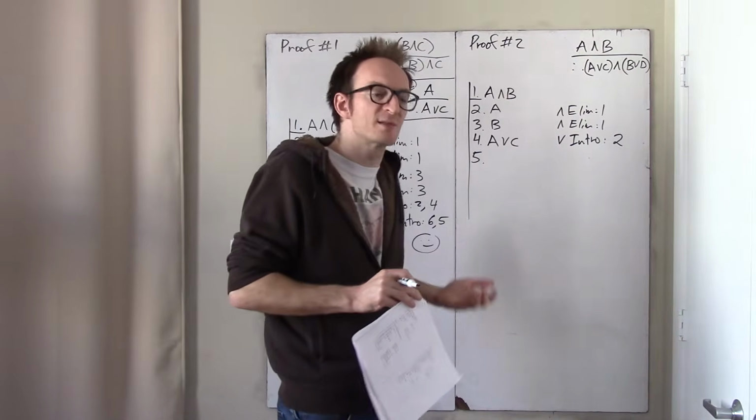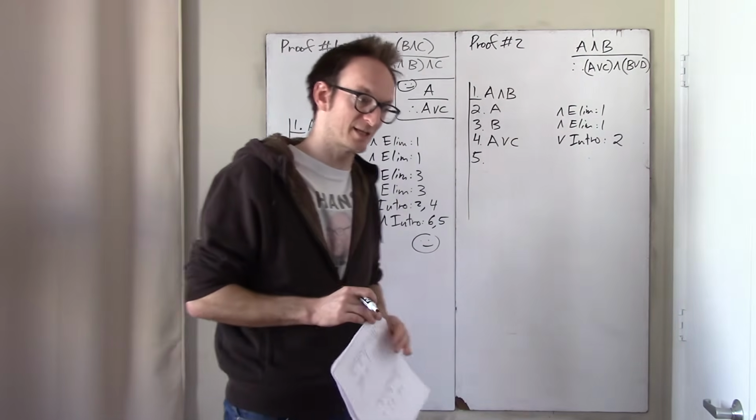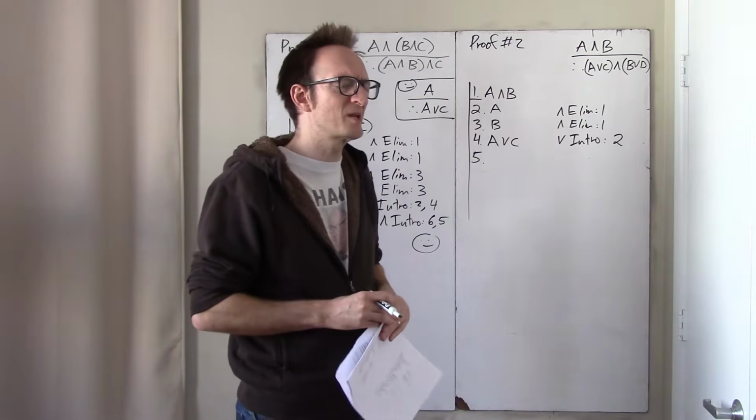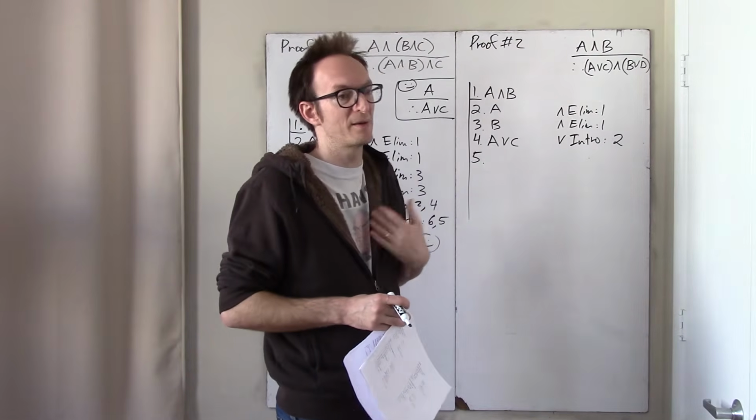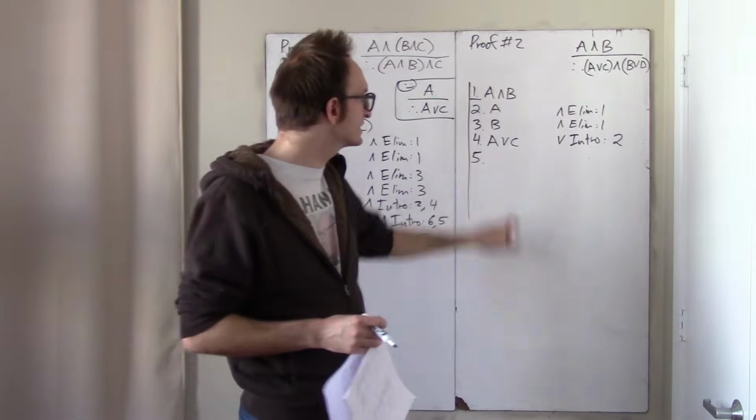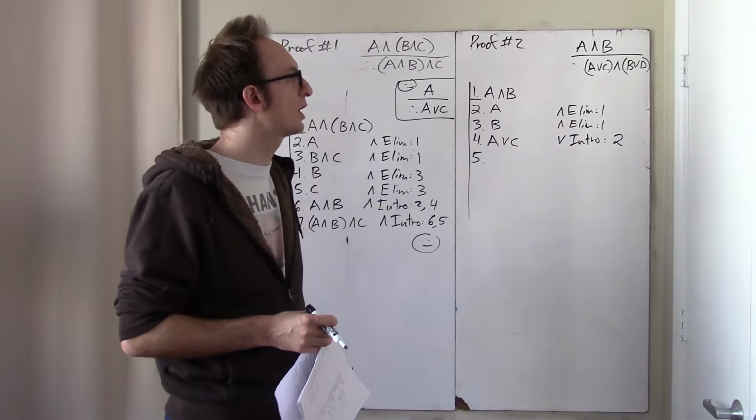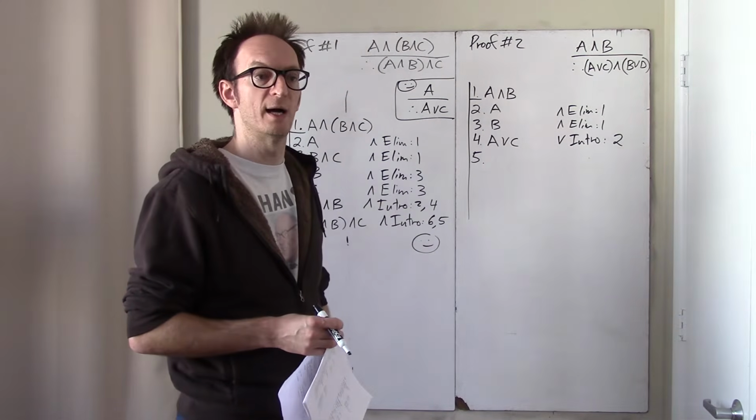To me, this is doing logic. I think this is the point. When you're making truth tables, you're not really doing logic in a certain sense. This is really doing logic. You're constructing logical arguments, which was the point of logic to begin with.